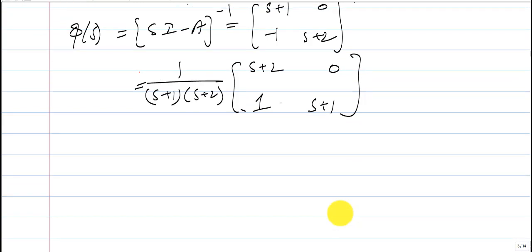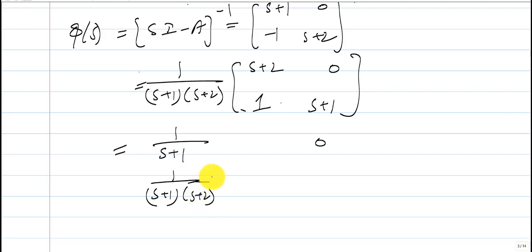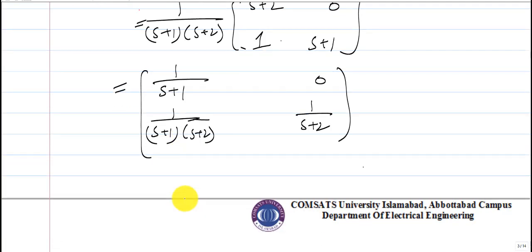So solving this, multiplying this inside will be 1 over s plus 1, 0, 1 over s plus 1 into s plus 2, and that is 1 over s plus 2. To solve this, we need to use partial fractions to separate these terms.